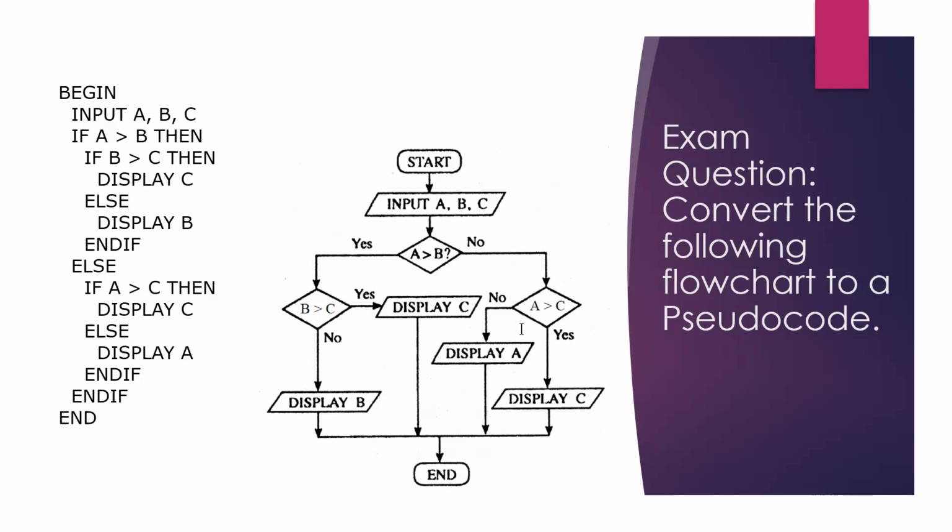And this side we have another selection. So if A greater than C, then yes, you display C. Else you go to the no path, that is display A, that is the end if. And finally the end if of the previous if A greater than B. So with that one we will finish it.